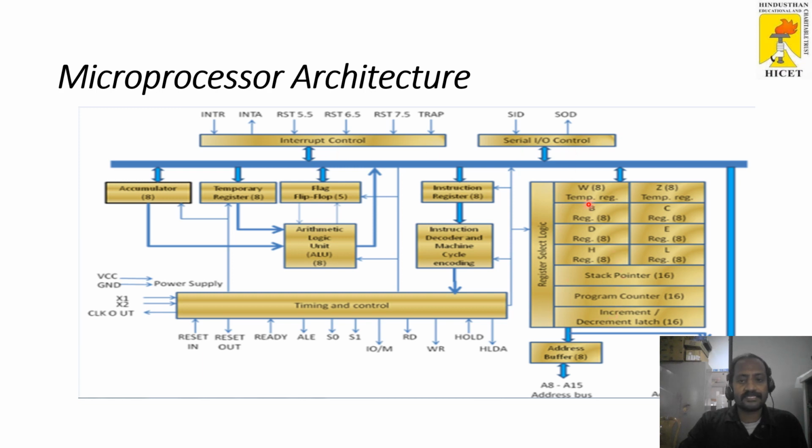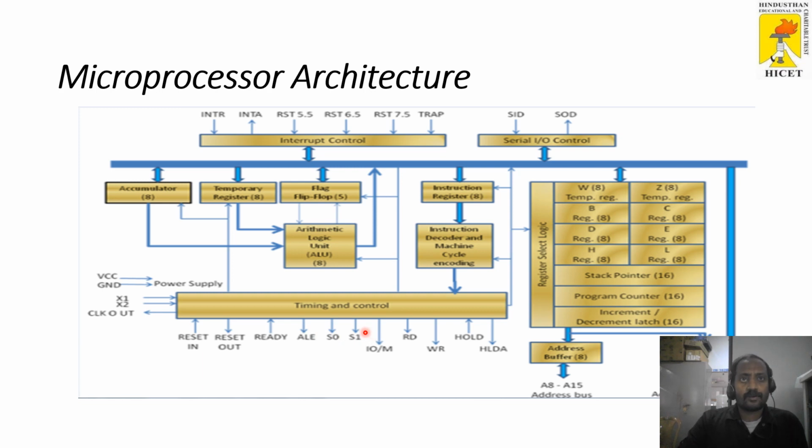And these are the registers: W, Z, B, C, D, E, H, L. Apart from that, we have a stack pointer, a program counter, and an increment decrement latch. Here we have an address buffer, and some timing and control registers are also placed here.